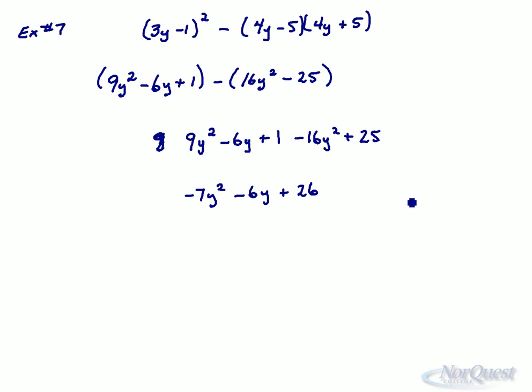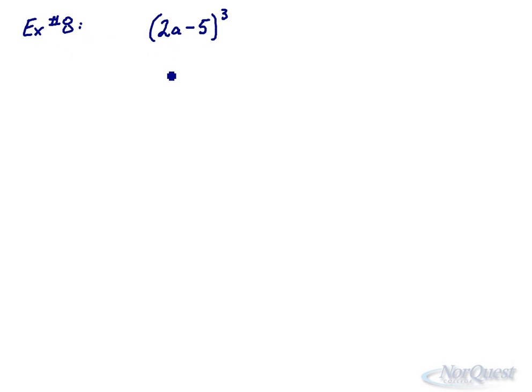And the last example we'll do is a cubic. So example number 8. And a cubic really is just kind of a combination of two of the ones we've already done. So we'll look at 2a minus 5 cubed.